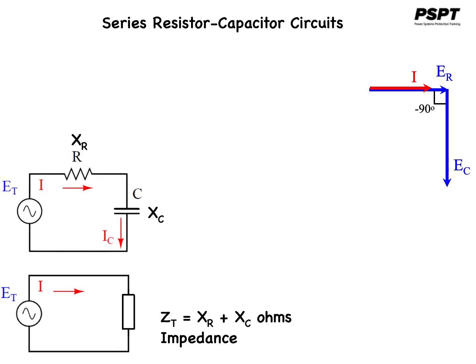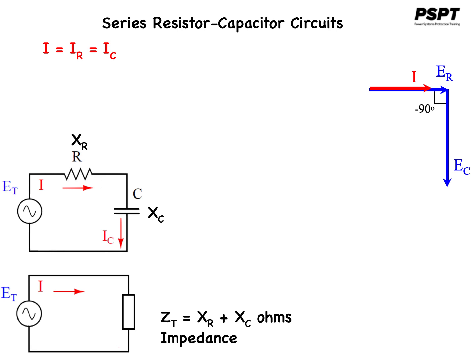Because this is a series circuit with current in all of the elements of this circuit, the currents are equal. And we have just learned that the voltage drop across a resistor in a circuit is in phase with the current, and the voltage drop across the capacitor is 90 degrees lagging.